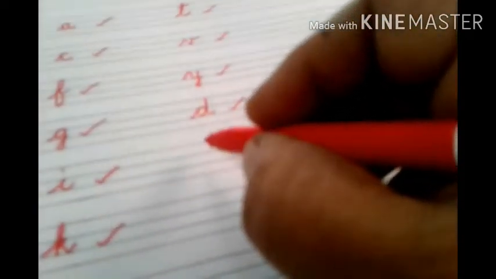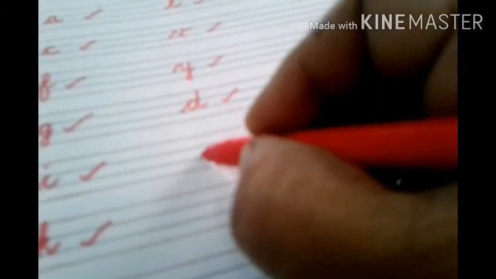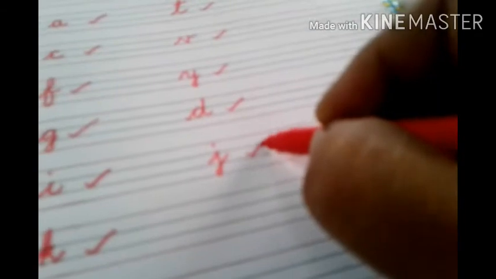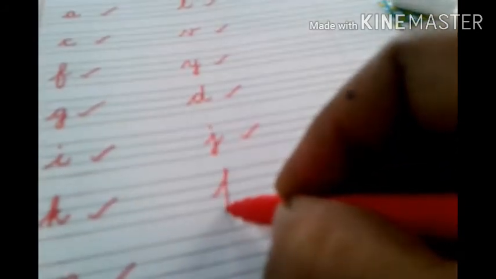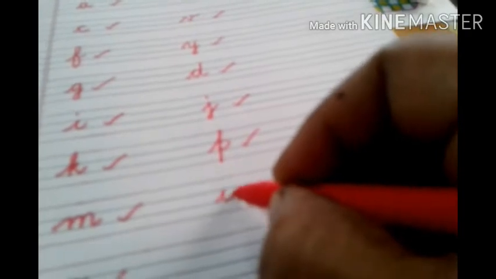Next letter is J. If you have written J like this, put a tick, otherwise put a cross. Next letter is P. If you have written P like this, put a tick, otherwise put a cross. Next letter is U. If you have written U like this, put a tick, otherwise put a cross.